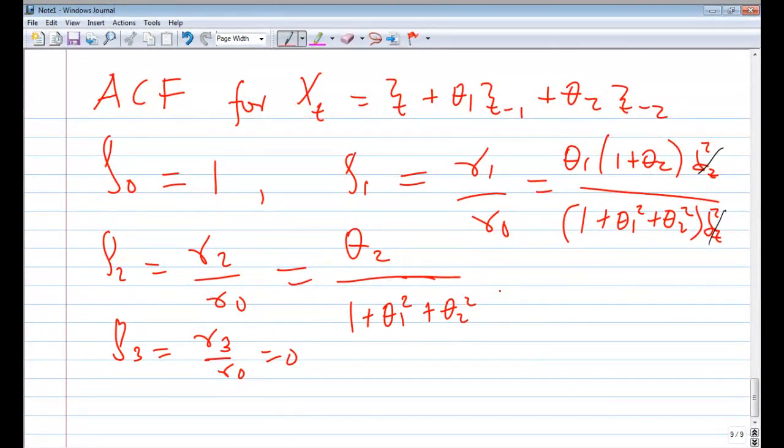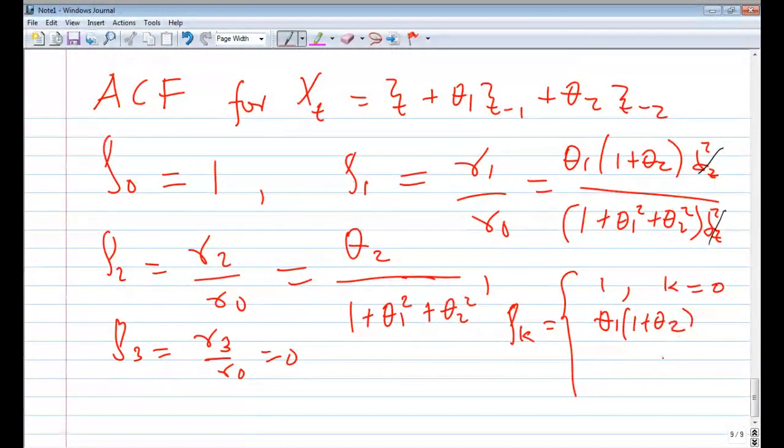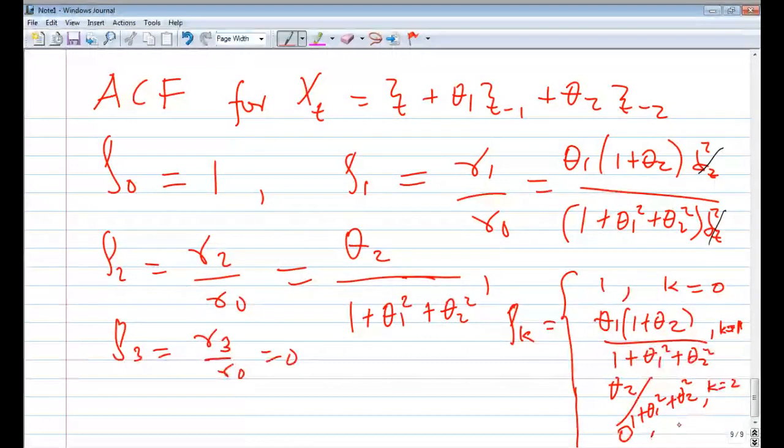Therefore, you have to generalize it. So when we generalize it, you are going to have rho k. First one is going to be 1 for k equal to 0. And the second one is theta 1 (1 plus theta 2) divided by 1 plus theta 1 squared plus theta 2 squared for k equal to 1, and theta 2 divided by 1 plus theta 1 squared plus theta 2 squared for k equal to 2.